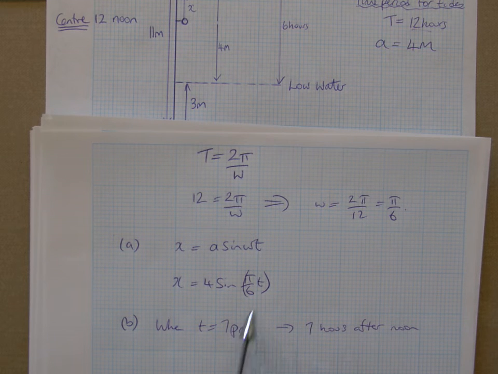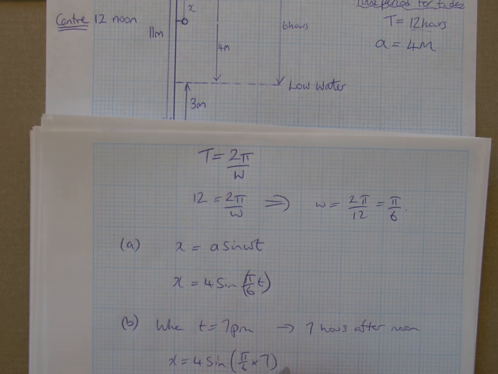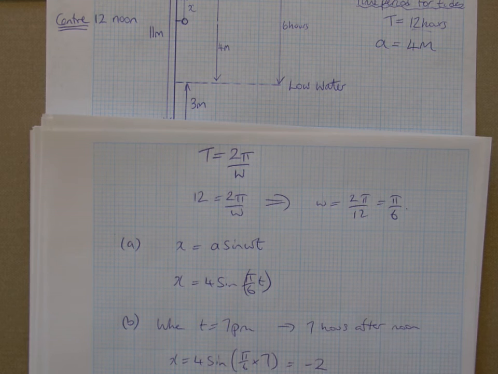So we set t equal to 7, and x will equal 4 sine pi over 6 times 7. I'll get my calculator: 4 sine pi over 6 times 7, and I get out minus 2. So x is going to be minus 2.